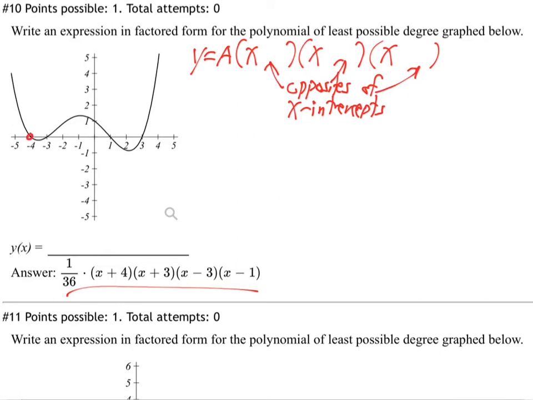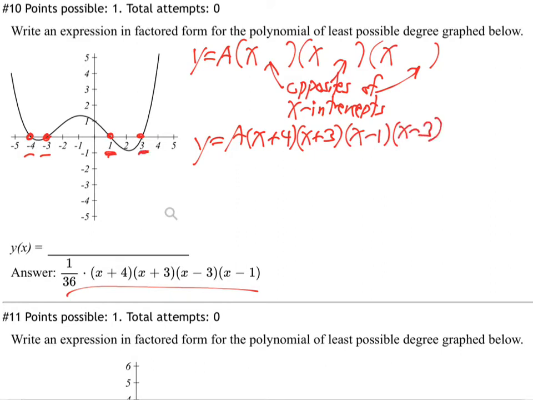Opposites. So what are the x-intercepts? There, -4, -3, there at 1, there at 3. So it's y equals a, the opposite of -4, +4, opposite of -3, +3, opposite of +1, -1, opposite of +3, -3.